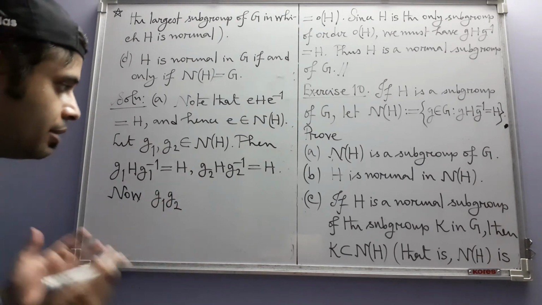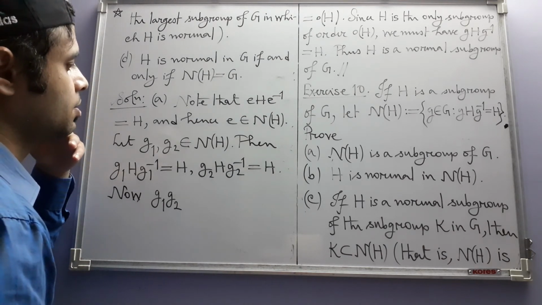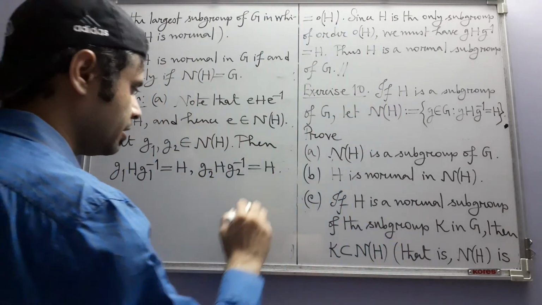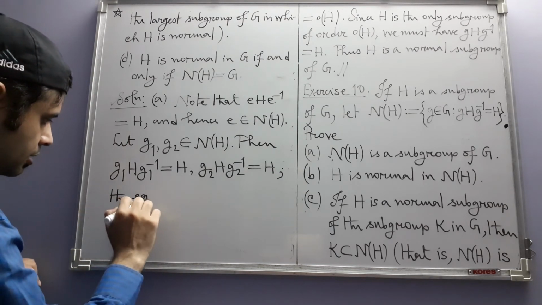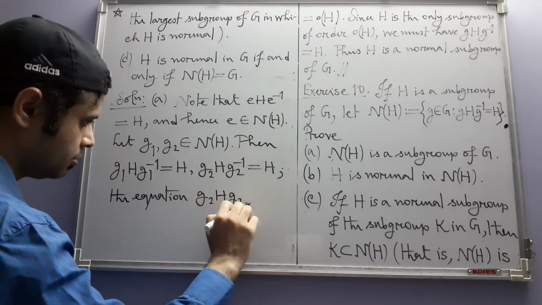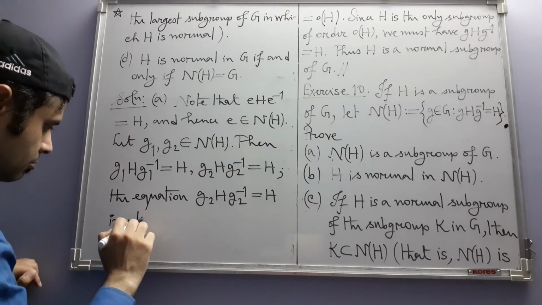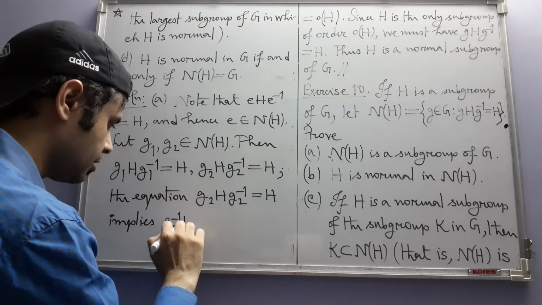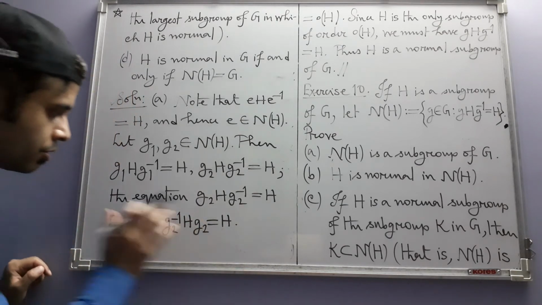The equation G2 H G2 inverse equal to H implies G2 inverse H G2 is also equal to H. How to prove this?